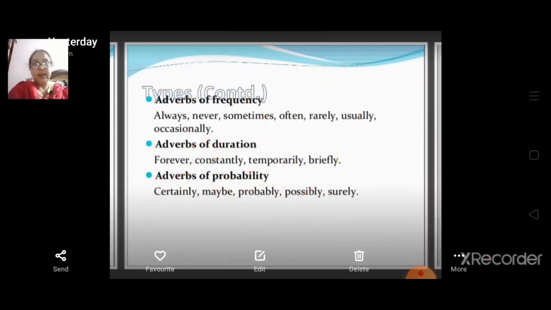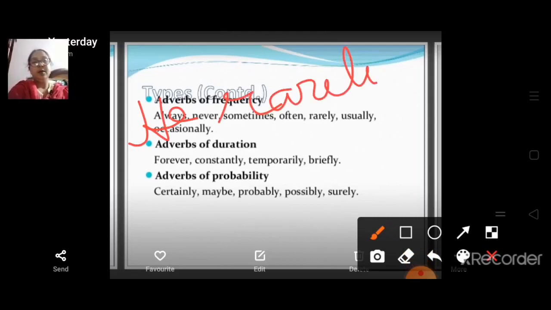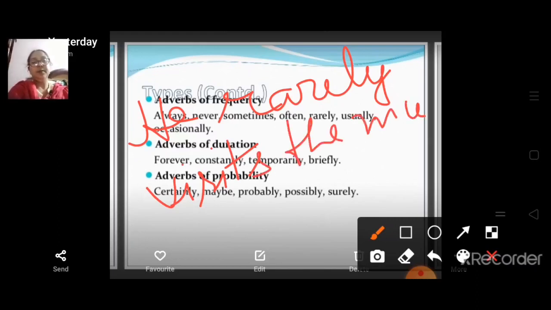Now let's see the next example also. He rarely visits the museum. Now here you can see how many times he visits the museum.